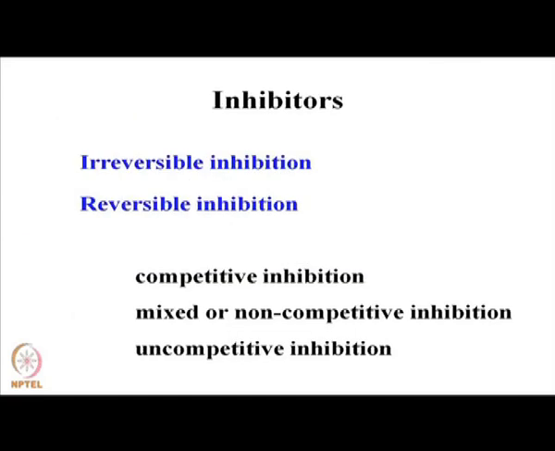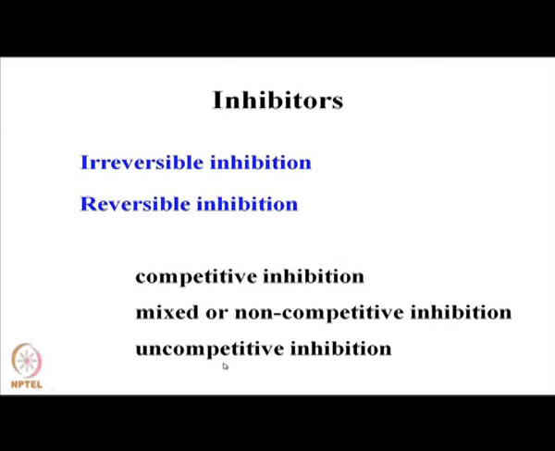Now, when you talk about irreversible or reversible inhibition, there are other things that we should take into account. There are three broad types of classification with respect to inhibition: competitive inhibition, mixed or non-competitive inhibition, and uncompetitive inhibition.